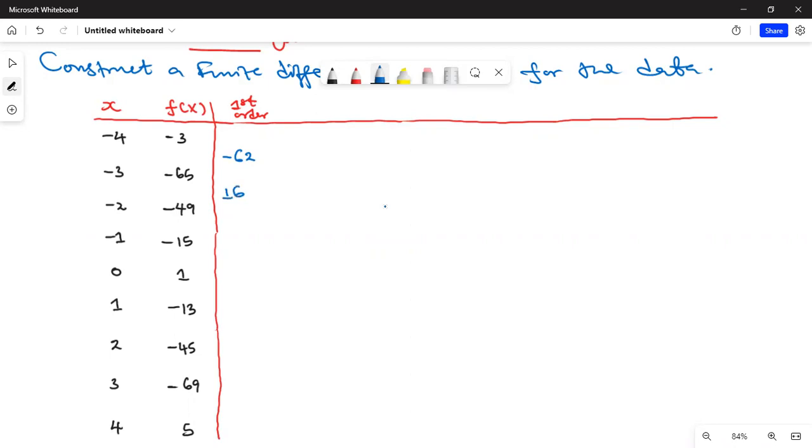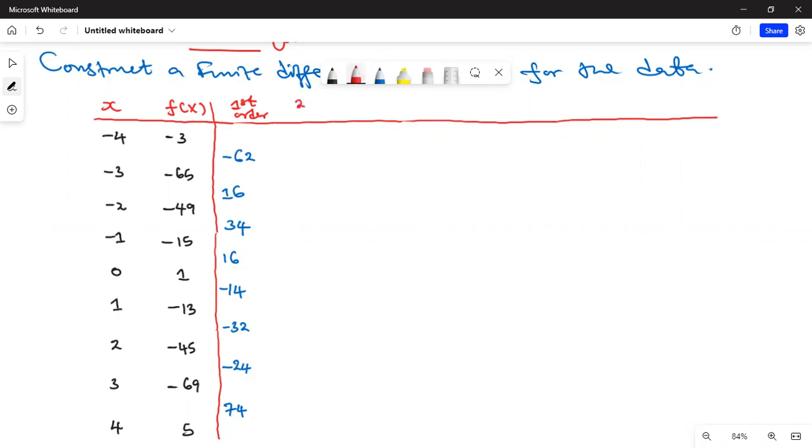So do the same subtraction, -15 minus -49, that should give us +34. So proceed in the same manner to get the remaining values under the first order difference column. So that's what we have as the differences under the first order difference column.